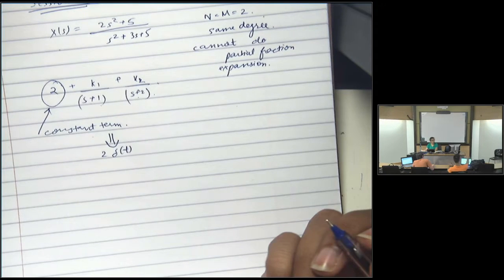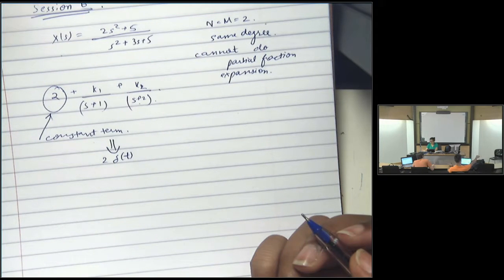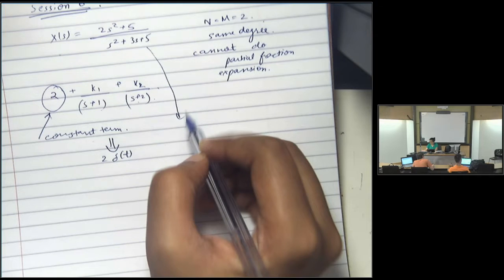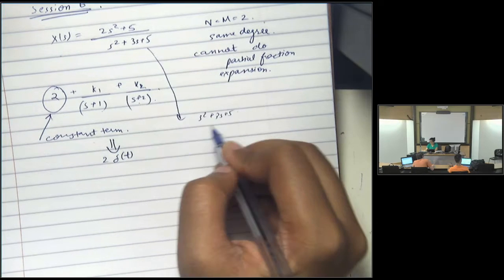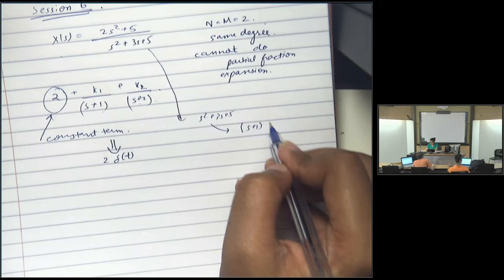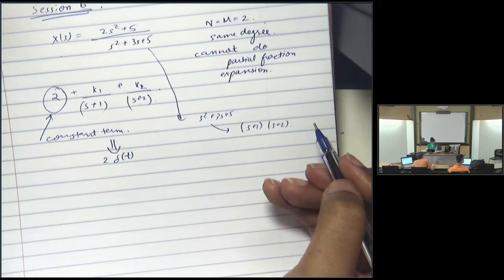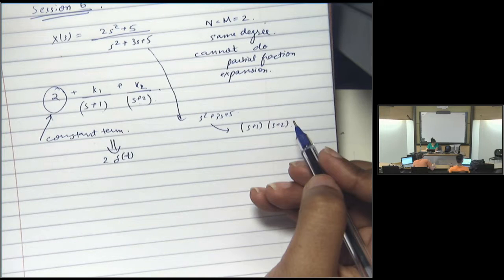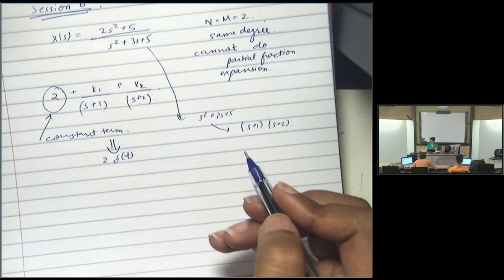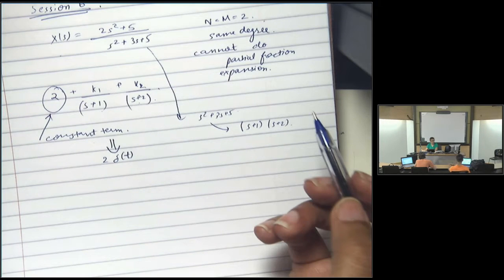What is it? 1 and 2 again? Sorry? The denominator. So this denominator, s square plus 3s plus 5, factorizes to s plus 1 into s plus 2, I believe. Something else. Yeah. Okay, so this is just factorization of the denominator.